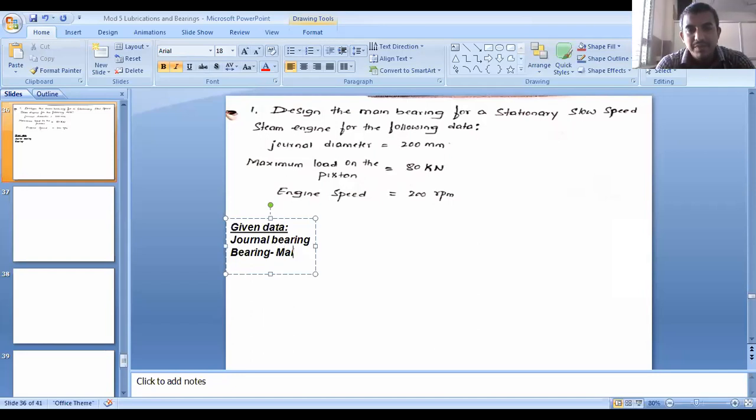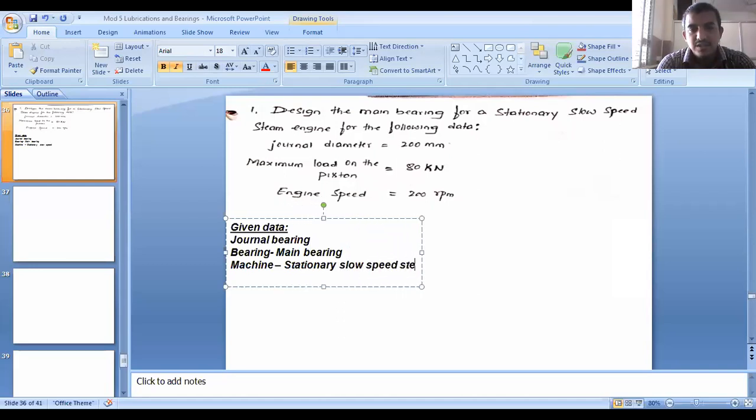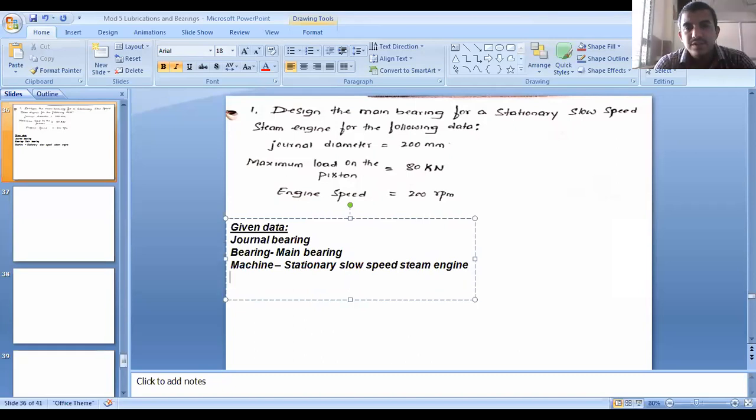It is a main bearing. For what type of machine? It is a stationary slow speed steam engine.